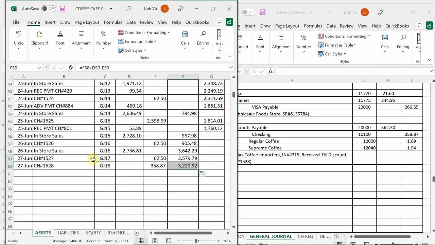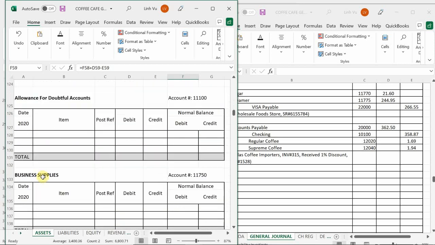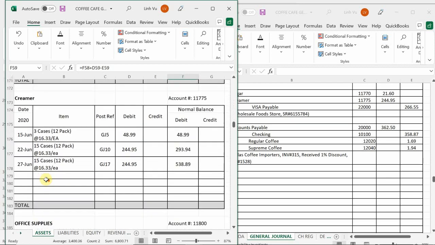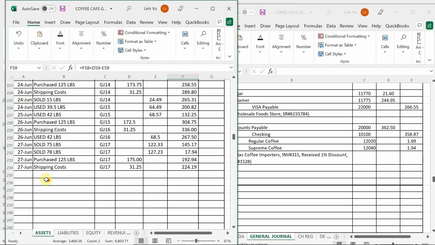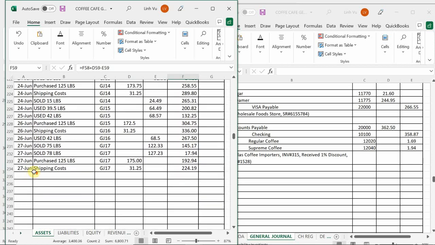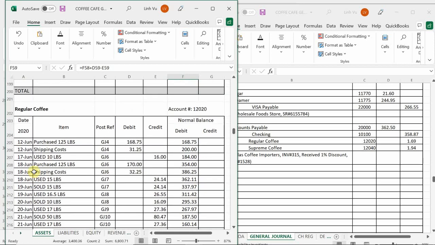So now that I have that, I need to adjust my inventory because I end up paying and receiving a discount. So here's my regular coffee.